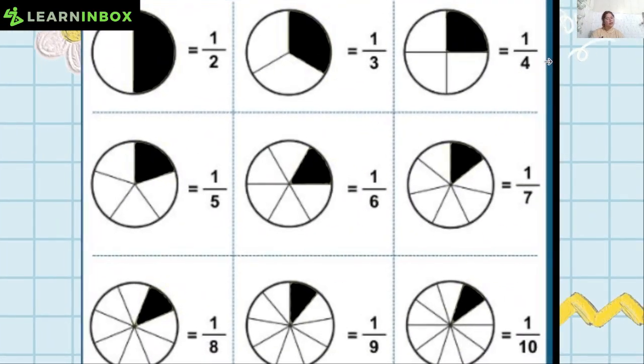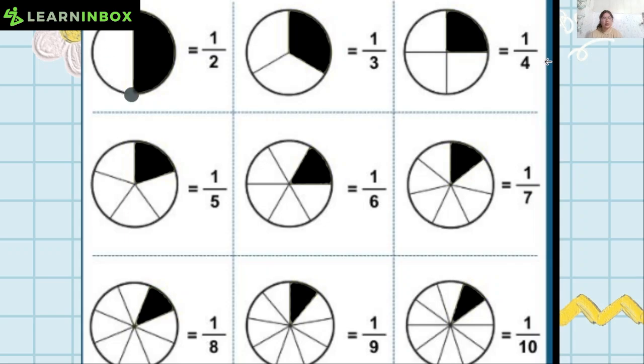Okay, see, there are a few more examples. In this picture, there is a circle which is divided into two. Half is green and half is white. How much portion has been painted? This one. So this is half. How?